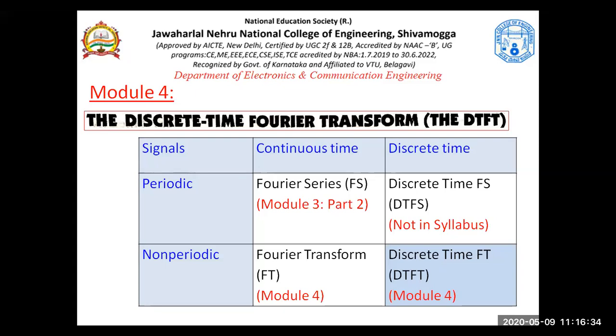Z transforms are applicable for discrete time signals, periodic as well as non-periodic. But Fourier transform is for discrete time as well as continuous time, but for non-periodic signals. That's why we are considering discrete time signals that are non-periodic.